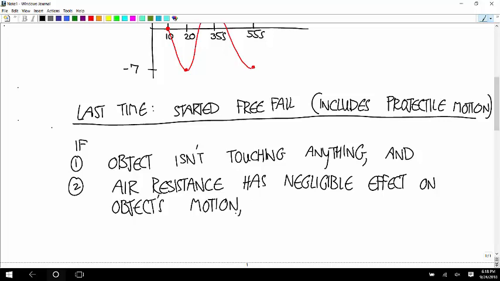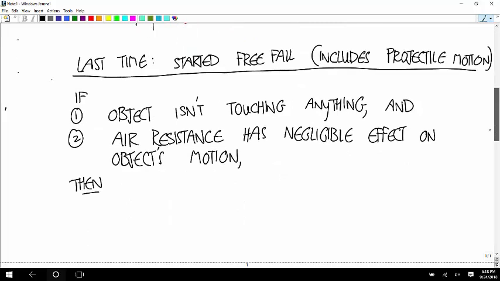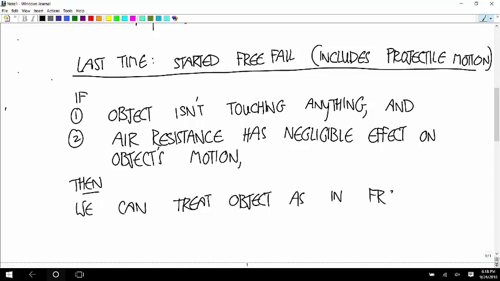So if those two things hold, then we can treat the object as being in free fall.